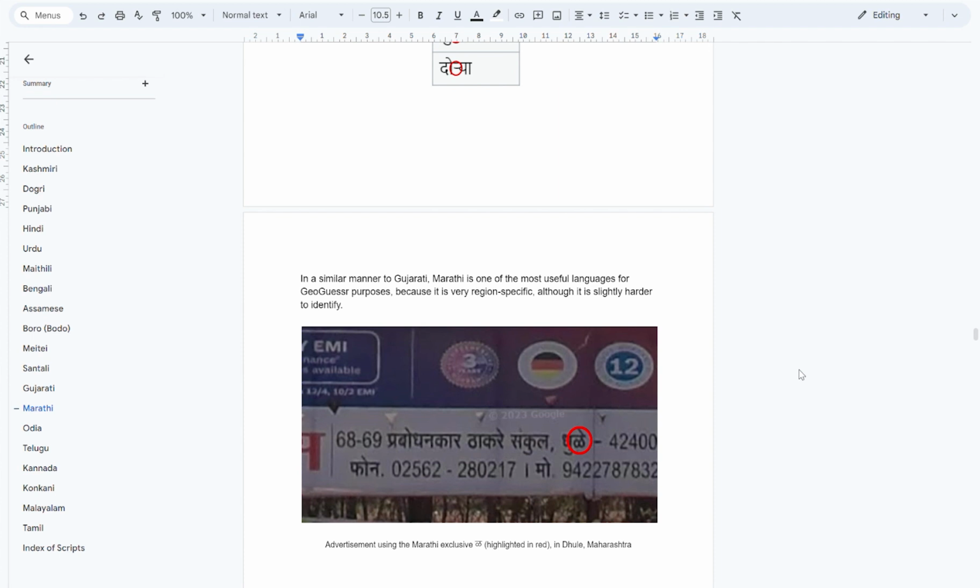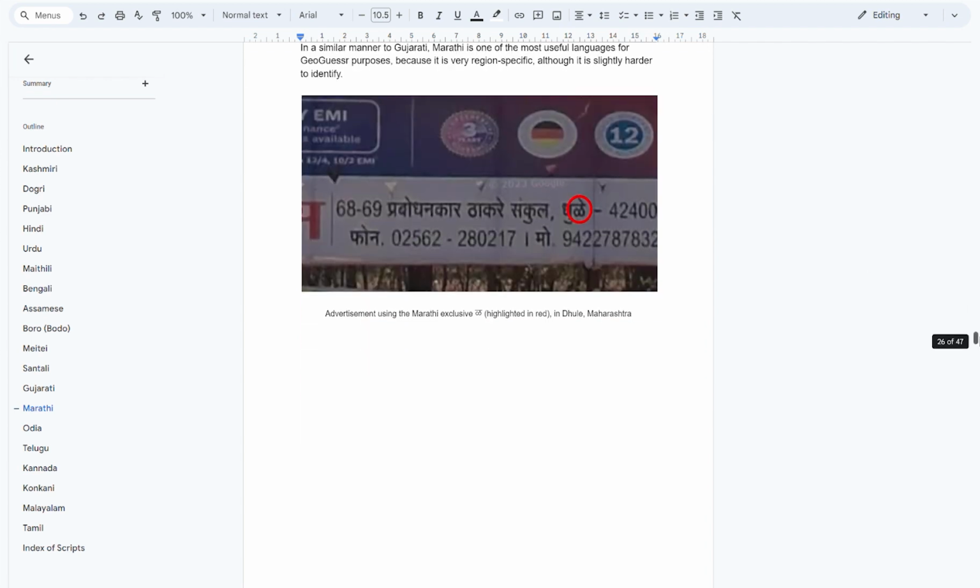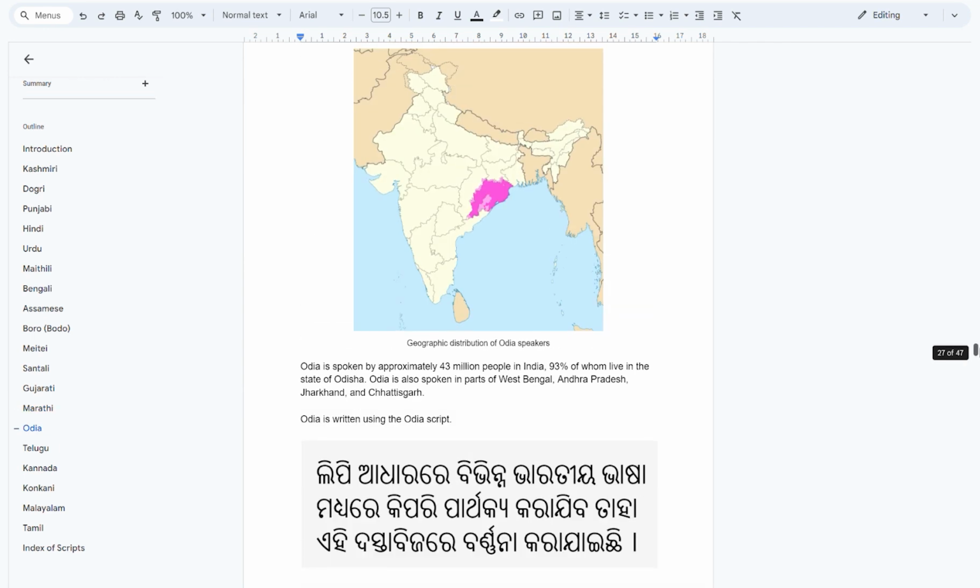So again, like Gujarati, Marathi is very, very useful for GeoGuessr purposes. It's very region specific, but it is slightly harder to identify. So I've got an advertisement here. You can see there's that Marathi exclusive character, that infinity sign, and if you see that, click Maharashtra.